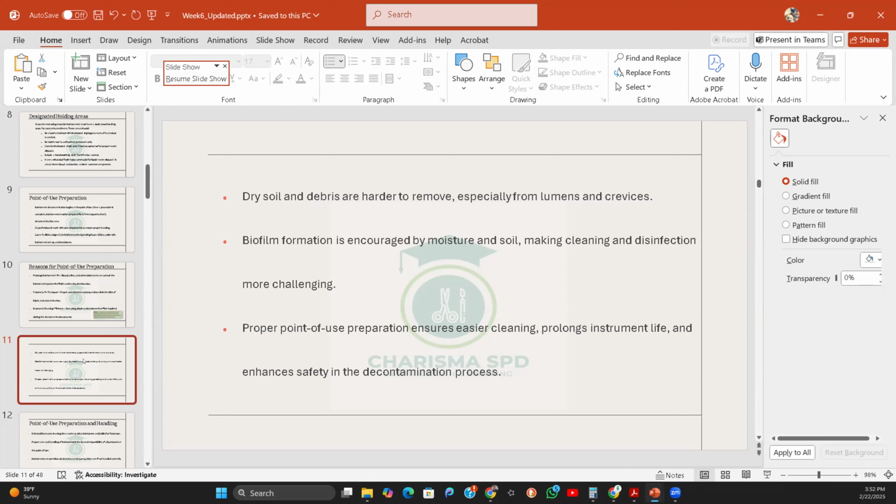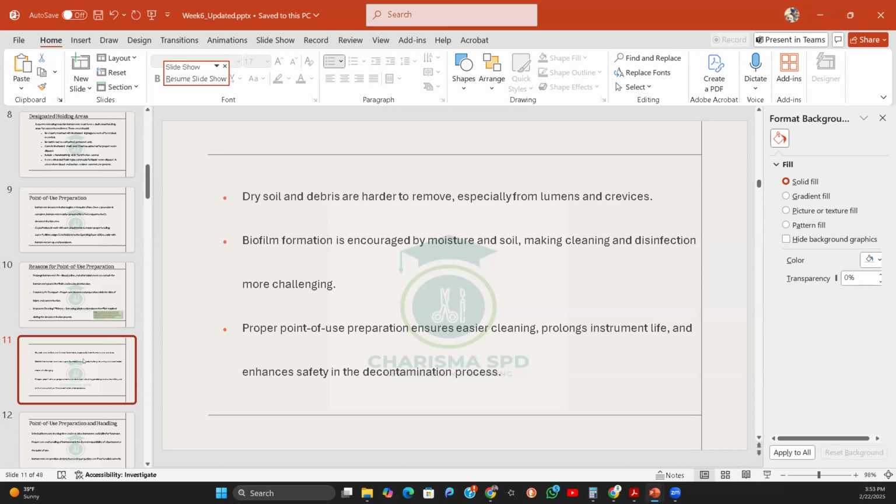Once those layers of tissues are laid on the instrument, it takes hard work. It takes a lot of soaking, sometimes overnight soaking, and maybe highly concentrated chemicals or detergent to get rid of it.